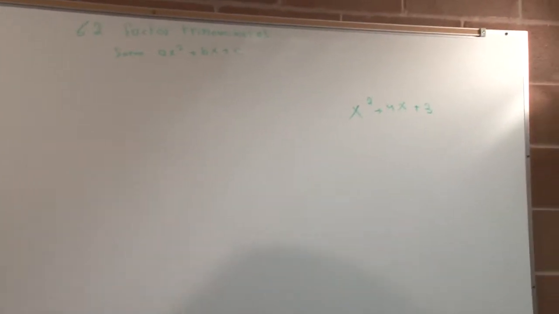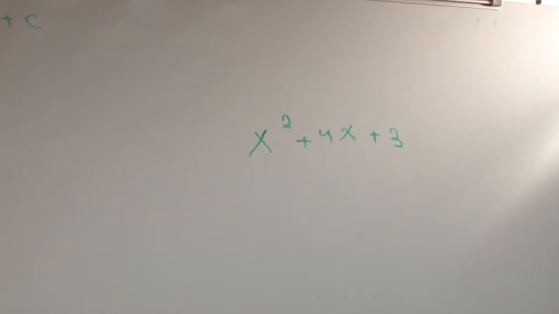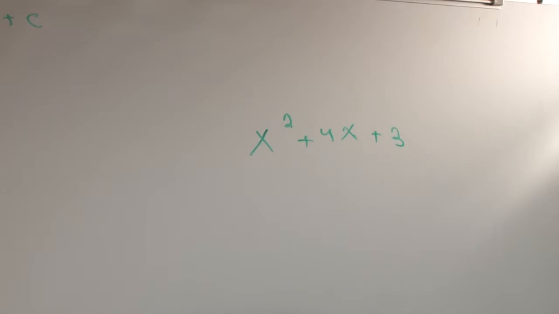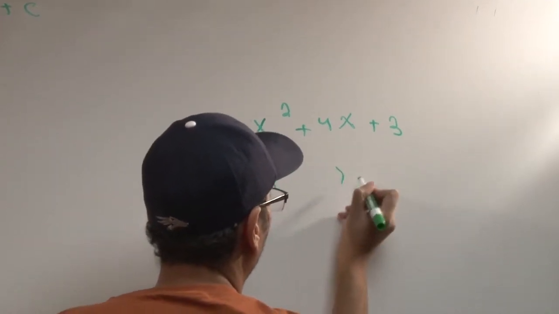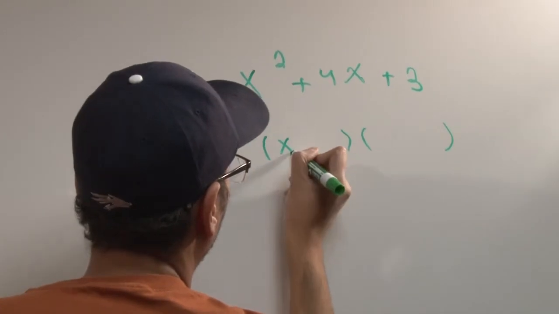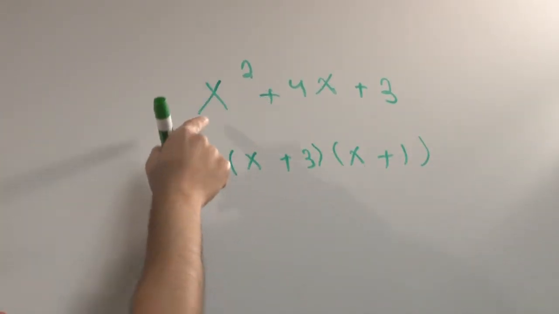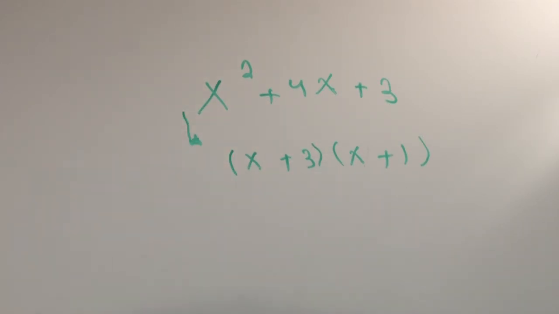So first of all, let's look at this binomial, or sometimes we call it trinomial because it has 3 terms. x squared plus 4x plus 3. We agreed that going from this way, x plus 3 times x plus 1, to this way, I call it factoring.